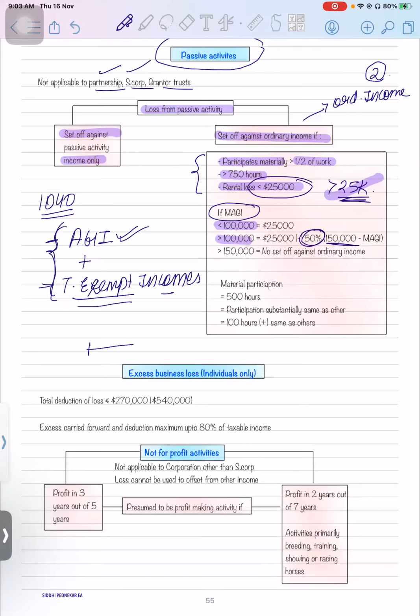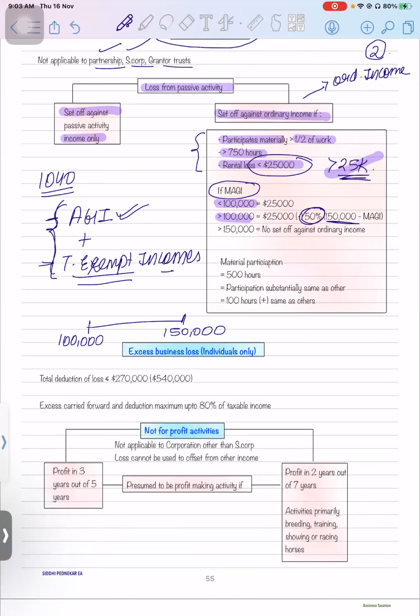Meaning you can just draw a chart like this, 100,000 up to 150,000. So this is kind of like 25,000. You just have to reduce it by a percentage. So how much percentage will you reduce? 50% of what? 150 minus your actual MAGI, the difference between the upper limit and the MAGI.